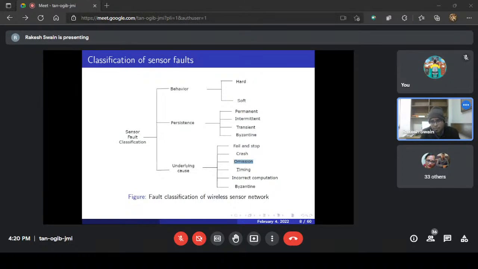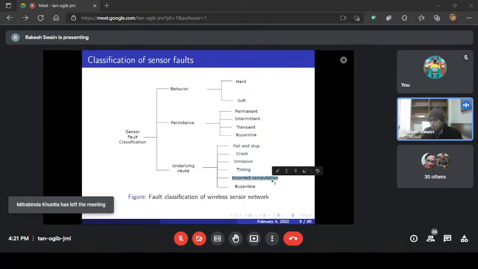And the timing fault is when sometimes the node is too fast and sometimes too slow. The synchronization is affected, so sometimes it performs tasks too fast and sometimes too slow. And the incorrect computation is one type of sub-permanent fault, where whatever result it gives is incorrect each time.